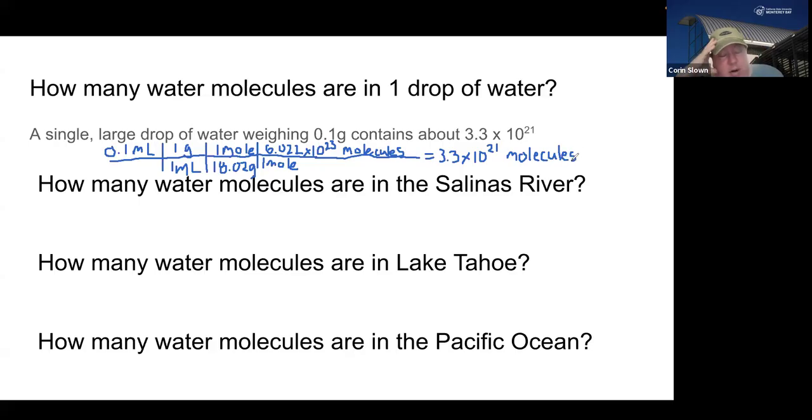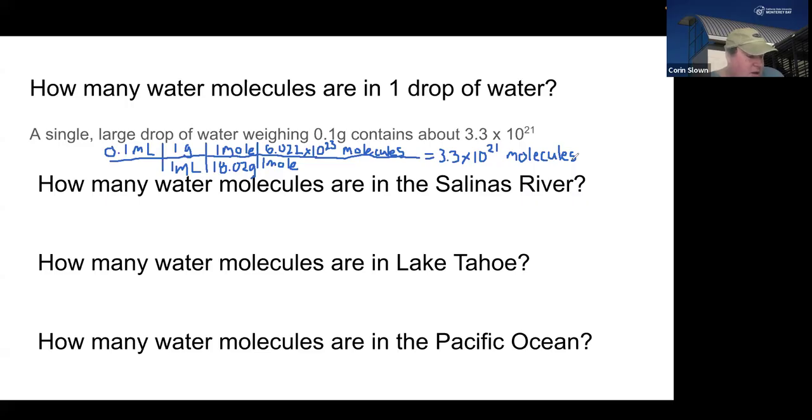Now, interestingly enough, part of the reason why I thought this would be an excellent place to start our conversation is we've been talking a lot about freshwater and ocean water, but those volumes are also variable. So, for example, the Salinas River is famous because it's actually one of the longest rivers in the United States due to the multiple sources that contribute to it.